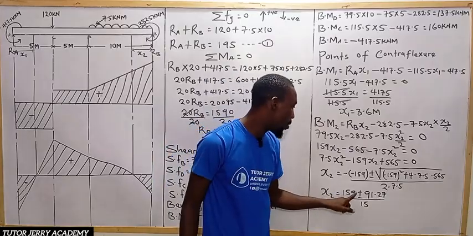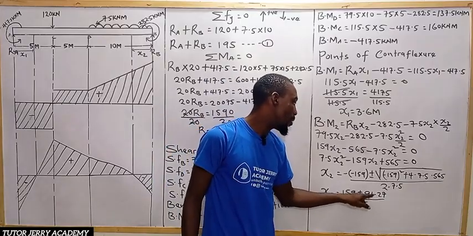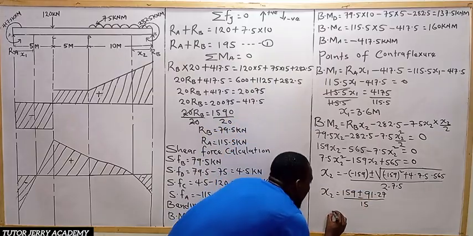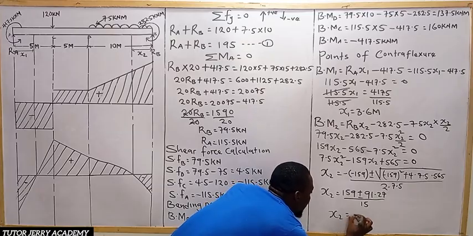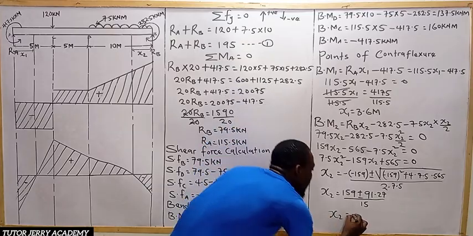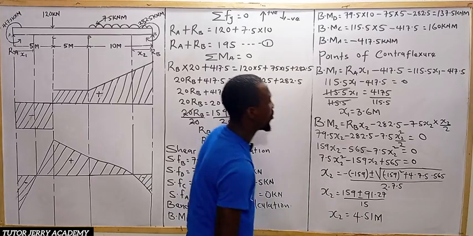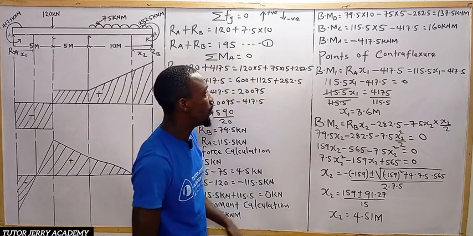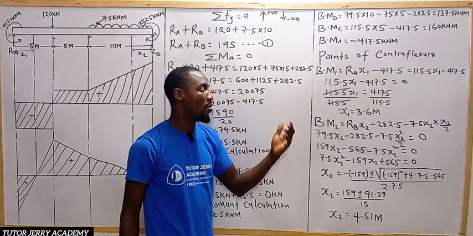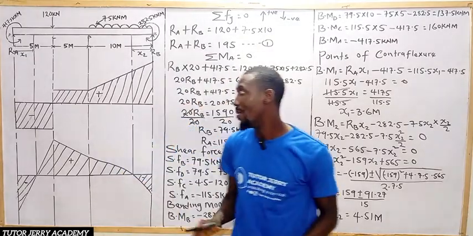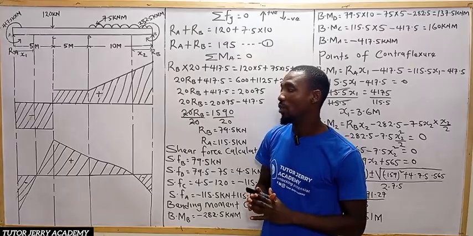So you go for 159 minus 91.27, then divide the result by 15. Our S2 there will be equal to 4.51 meter. So this will be the correct solution to the second point of contraflexure. I believe you understand this. So this is how to go about this solution.